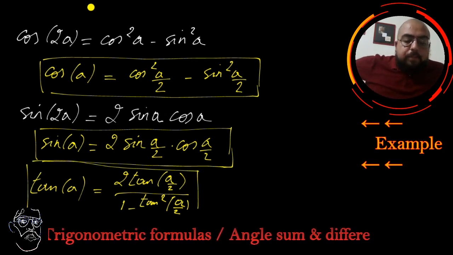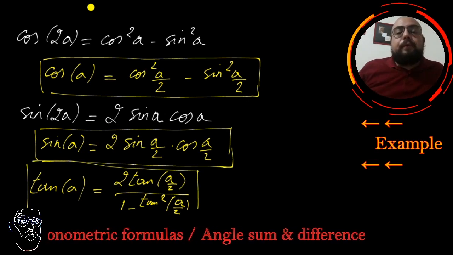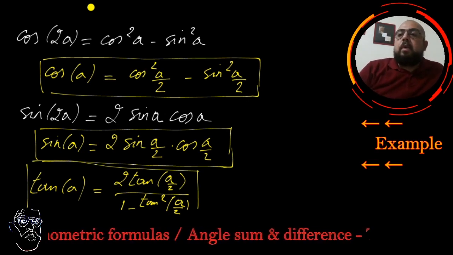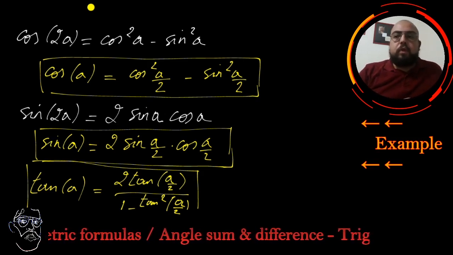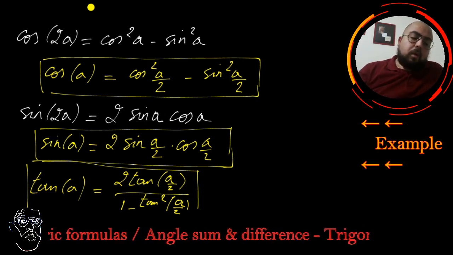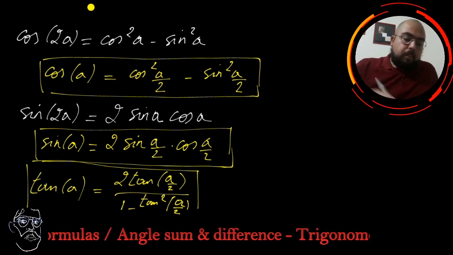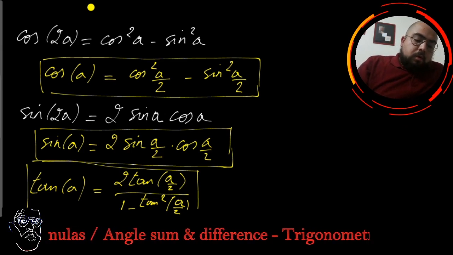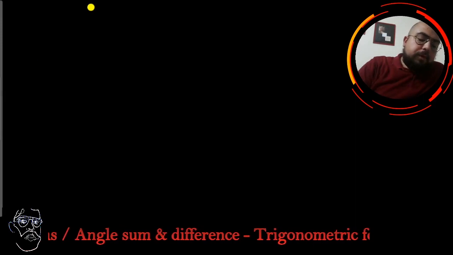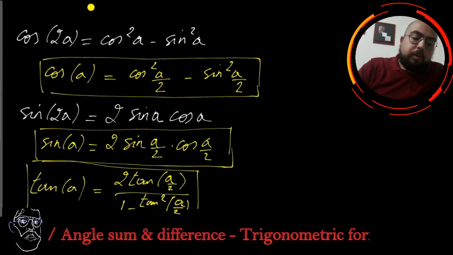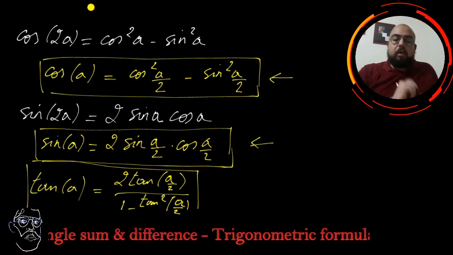Now, the last part: how am I supposed to find a certain formula between sine and tangent, or cosine and tangent? So this will be the last part. These previous formulas that we were able to find, I'm going to use them again.